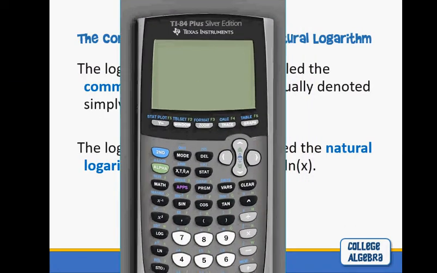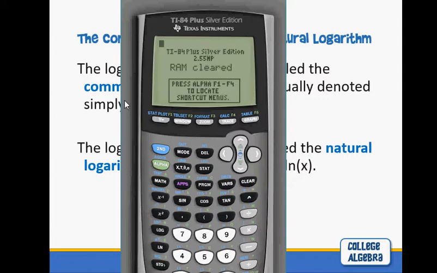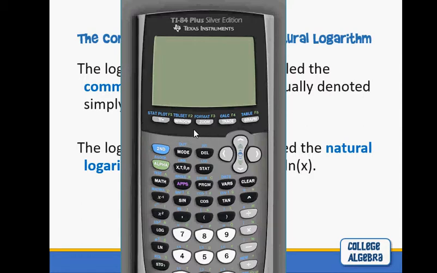I'm going to go ahead and show you, if you have the newest operating system on your calculator, and if you have a TI-84 and you don't, you can actually upgrade that. I can do that with my calculator. But if you do, if you hit the alpha button and the buttons under the window, you get different options. Like if you want to do a fraction, you can do alpha and that button.